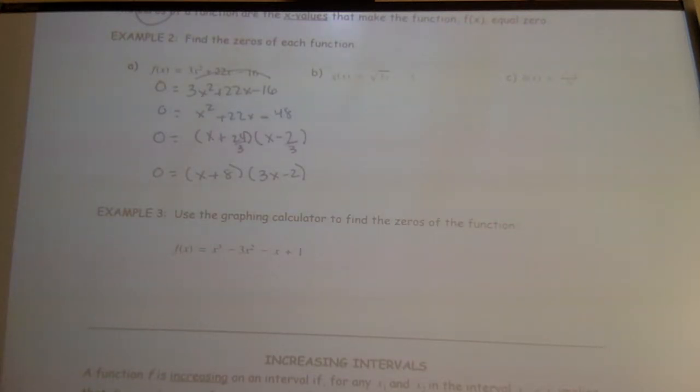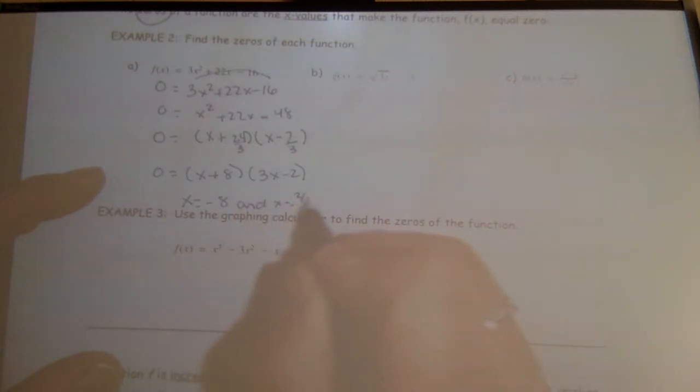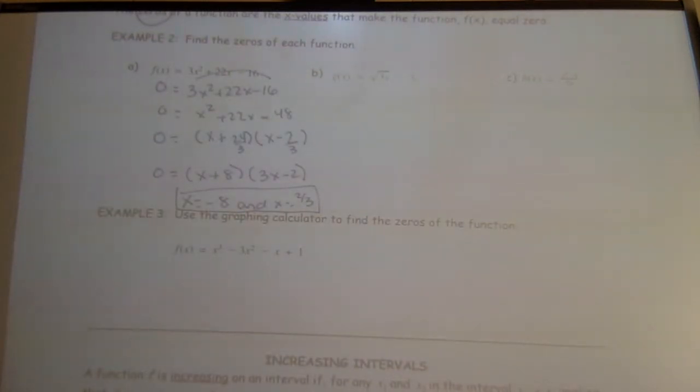And now your zeros are what? -8 and 2 divided by 3. Bring the 3 over, it can't be divided.